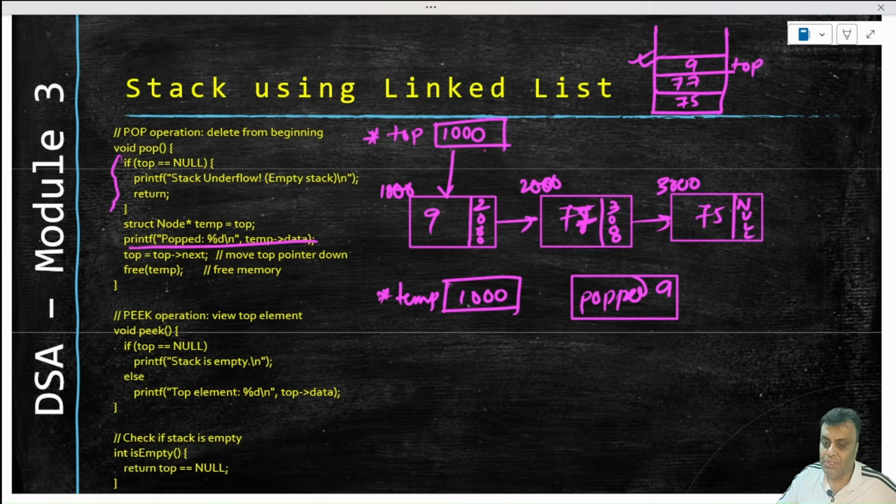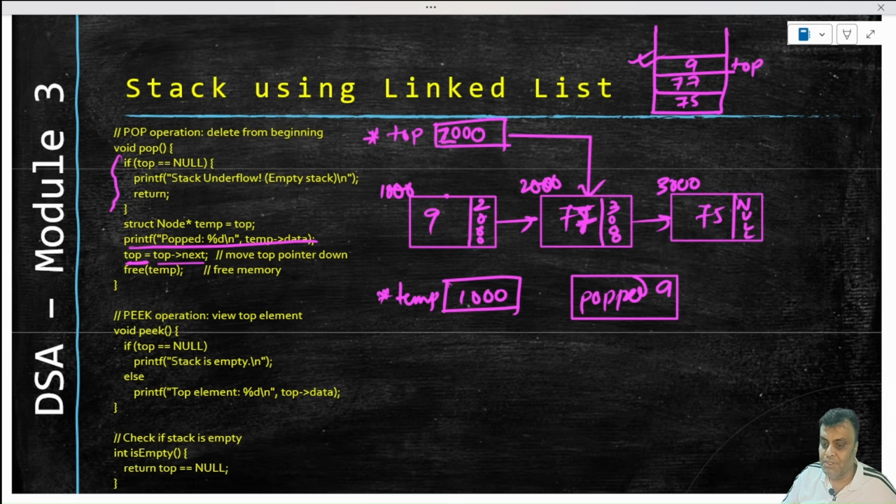And because we have popped, we have to remove this pointer and position it here, right? So top's next is 2000, and that should be the value of the new top, right? So this becomes 2000.